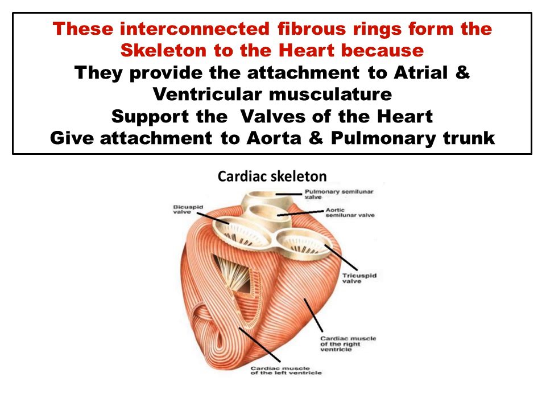They basically are important, that is, they provide attachment to the atrial and ventricular musculature. They support the valves of the heart, that is the bicuspid valve, tricuspid valve, the aortic and the pulmonary valves. They give attachment to the aortic and pulmonary trunk, support the valves and also give attachment to the pulmonary and the aortic orifice.